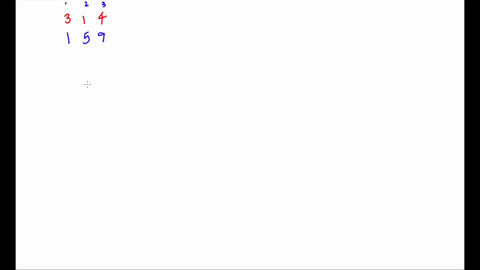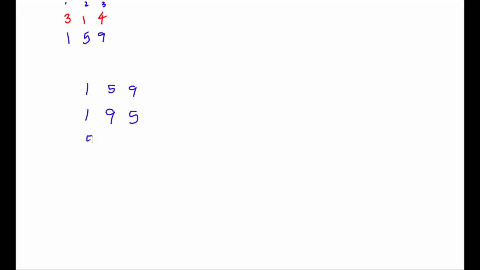Okay, so the blue permutations go like 1, 5, 9, 1, 9, 5, 5, 1, 9, 5, 9, 1, and then 9, 1, 5, 9, 5, 1. Now let's write its corresponding red values, which is 3, 1, 4, 3, 4, 1, and then 1, 3, 4, 1, 4, 3, 4, 3, 1, 4, 1, 3.